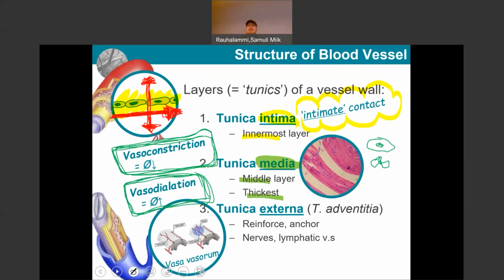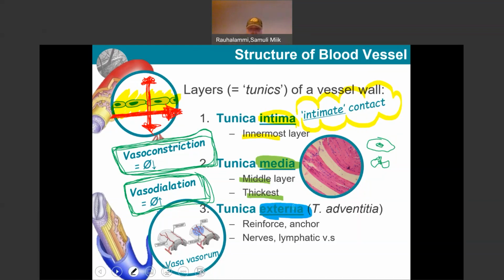So it's thanks to this smooth muscle layer in the tunica media that we're able to do these two types of responses when we are reacting to the needs of the body and needs of the circulatory system and how we divide blood and to what part. The final layer that I want to talk about is going to be tunica externa.